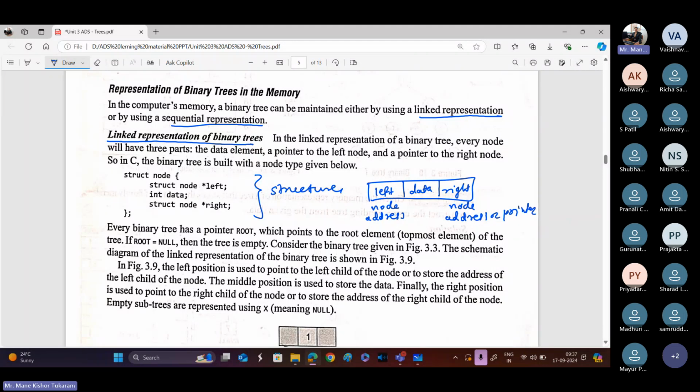Whenever I want to represent the linked list representation of the binary tree, I have this particular node. The left part is represented by the left address node, the right part by the right address node, and the data is in between the left and right.